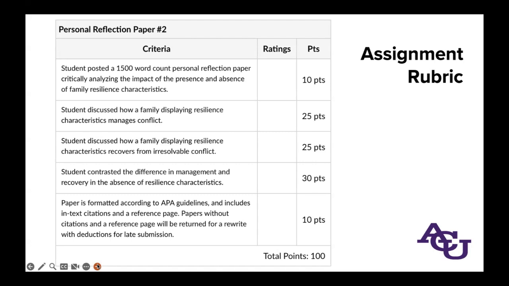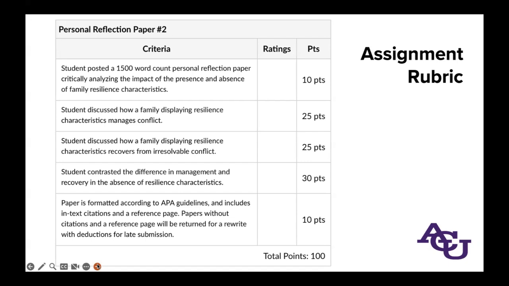Student contrasted the difference in management and recovery in the absence of resilience. That's the highest. How do you show contrasting the difference in management and recovery in the absence of resilience characteristics? 30 points. You really have to think through that one and show it.